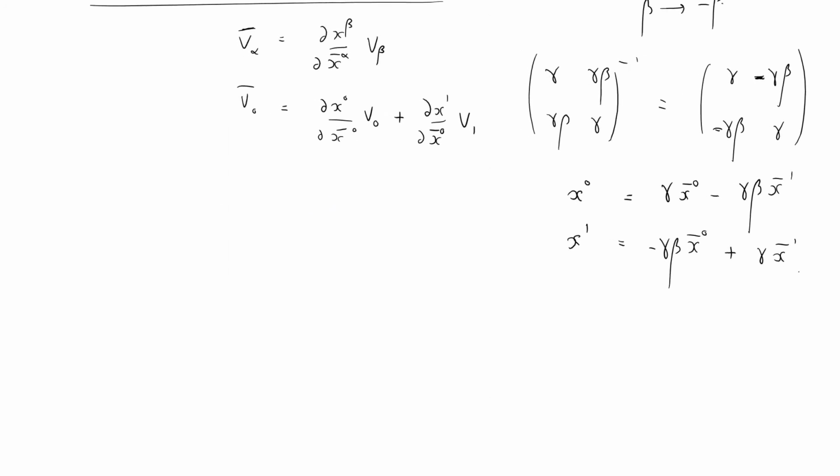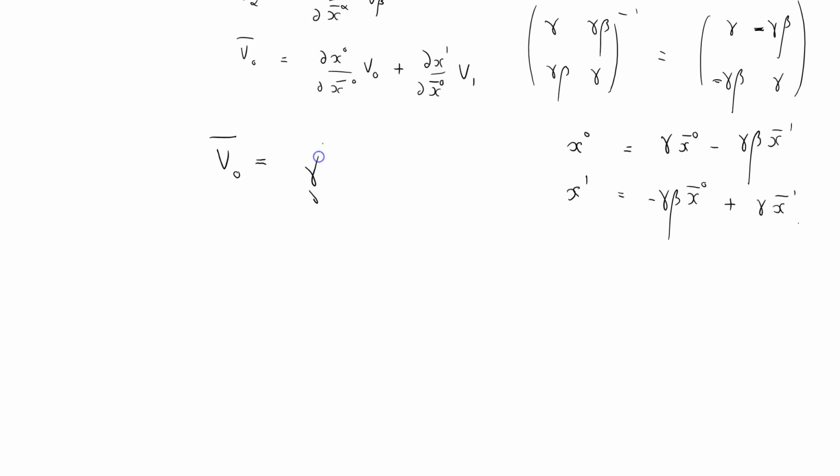There we go. So I can say that V bar 0 equals, copying this formula here, dx 0 by dx bar 0, which is just gamma, times V0, plus dx 1 by dx bar 0, which is minus this term here, gamma beta V1.